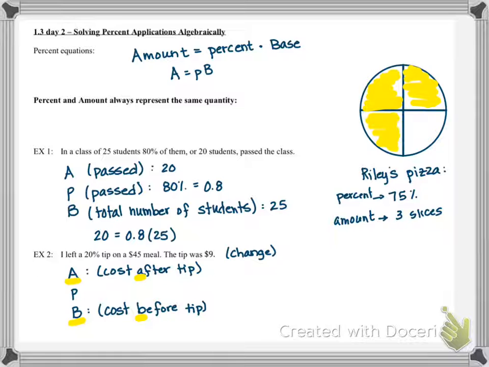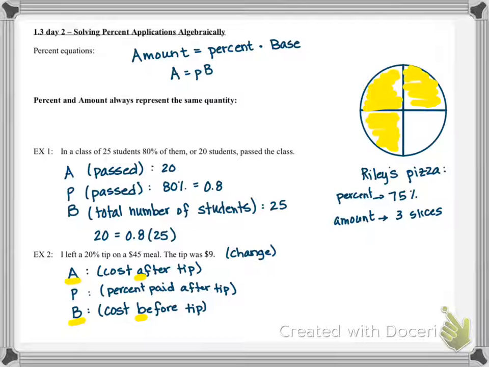And then our percent has to represent the same quantity as our amount, which means this has to be the percent paid after the tip. So it's not the percentage of the tip itself, it's the total percentage of the original amount that you're paying.